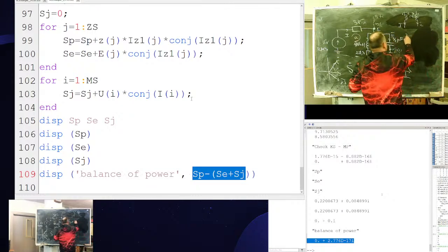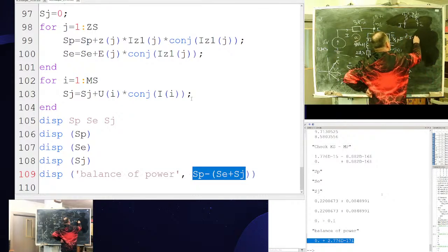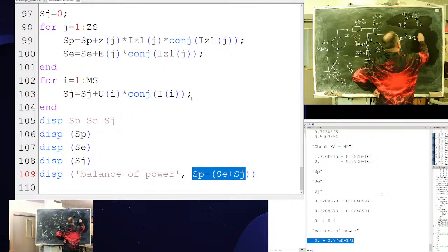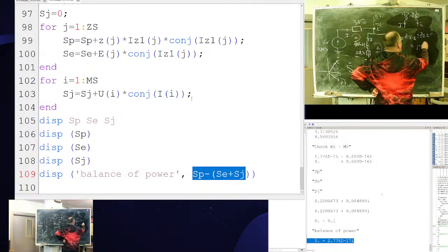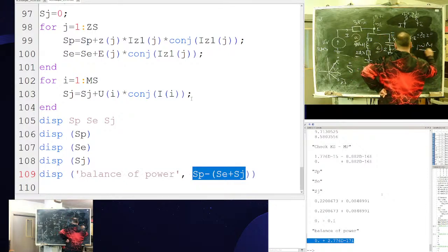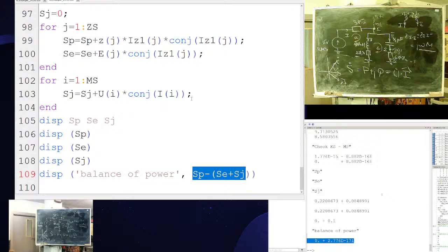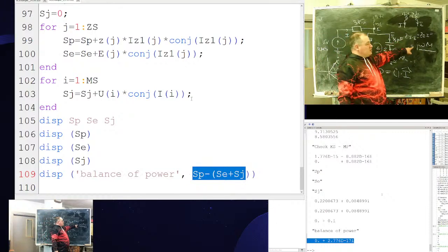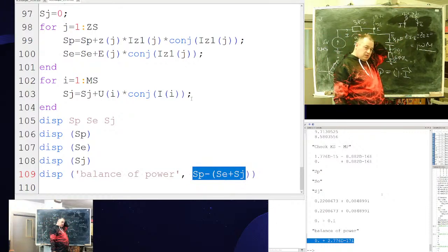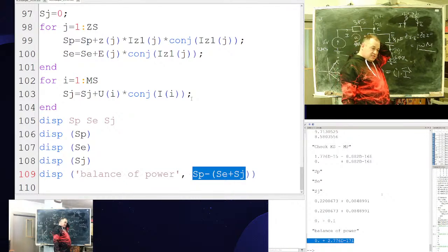I will have Z12 equal to Z21, equal to its mutual inductance. And this makes the resistance matrix not diagonal, and that's why the Jordan solution is needed.